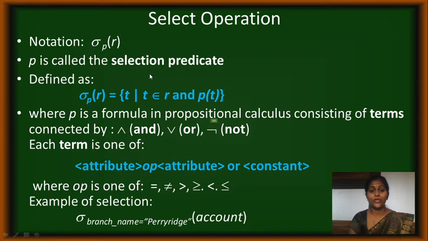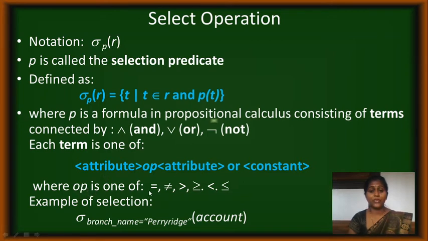That is the definition, where P is a formula of propositional calculus consisting of terms connected by and, or, and not. Each term is of the form: attribute op attribute, or attribute op constant, where op is a comparison operation.